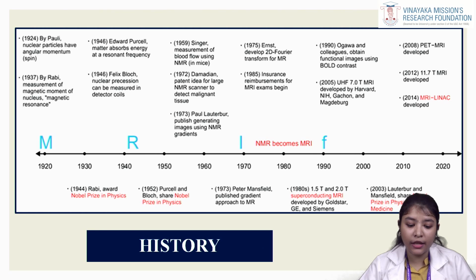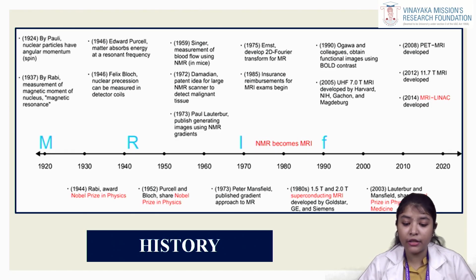In 1959, Singer studied the measurements of blood flow using NMR, and in 1972, Damadian got the patent idea for a large scanner. In 1973, Lauterbur published generating images using the NMR gradient, and in 1973 Mansfield published the gradient approach to NMR, and this is the area where NMR becomes MRI.